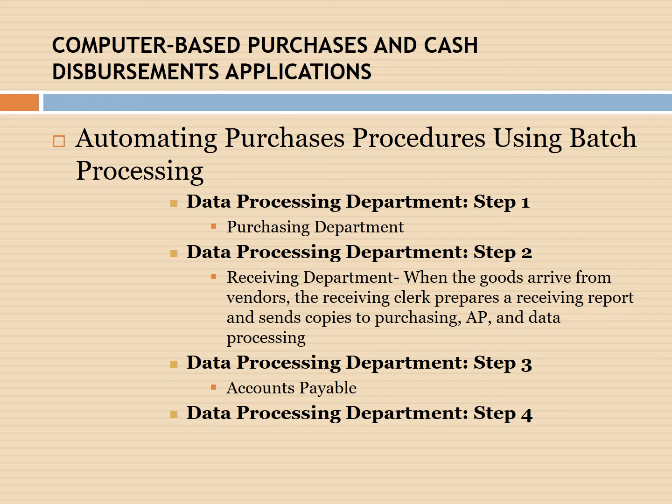Receiving department. When the goods arrive from vendors, the receiving clerk prepares a receiving report and sends copies to the stores with the goods, purchasing, accounts payable, and data processing. In step 3, it creates the receiving report file from data provided by the receiving report documents.